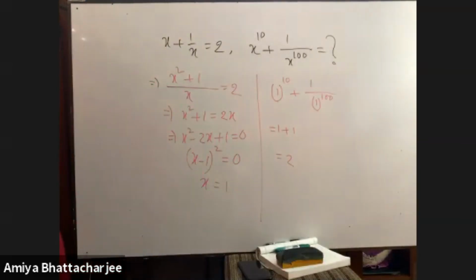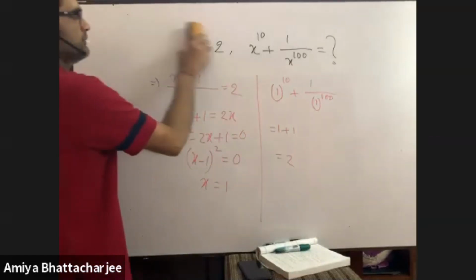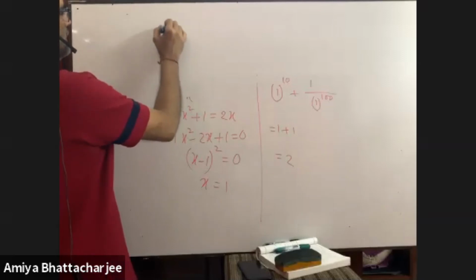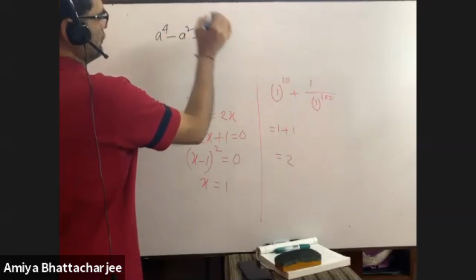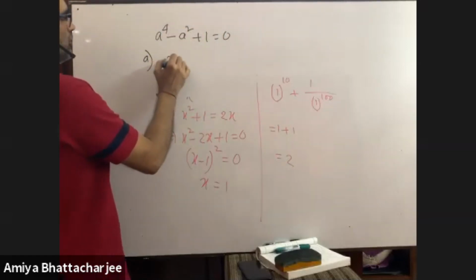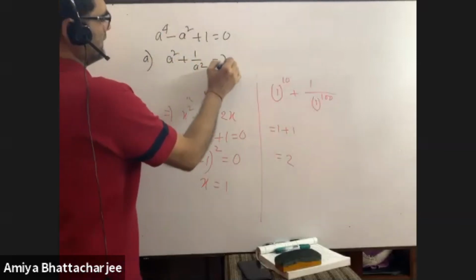Yes, sir. This type of math will come in the exam hall tomorrow. A to the power 4 minus a square plus 1 equals 0. Question A: what is the value of a square plus 1 by a square? You will get it tomorrow.